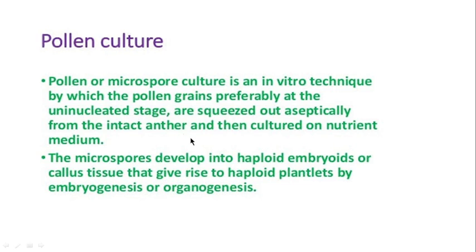So the pollens or microspores, when they are in uninucleated or single nucleated stage, are removed or squeezed out from the anther, and then they are cultured on the medium. These microspores develop into haploid embryoids. It contains only a single set of chromosomes.